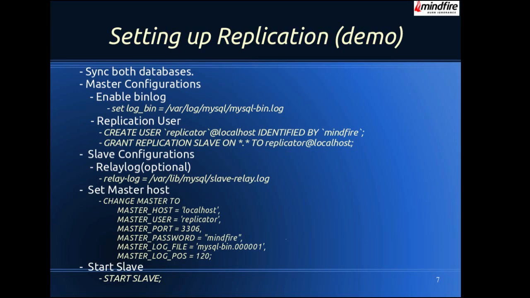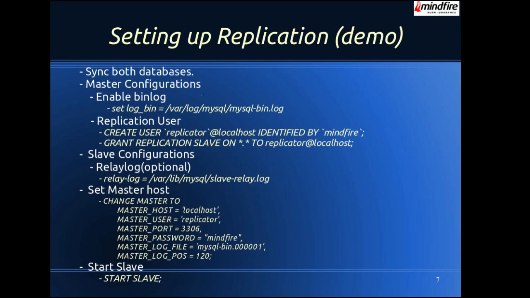We are going to see a demo of how replication works here on my local machine. But these are the abstract steps that we are going to follow. First, if we want another replica of a master's database, then we need to sync both the databases to their initial state.